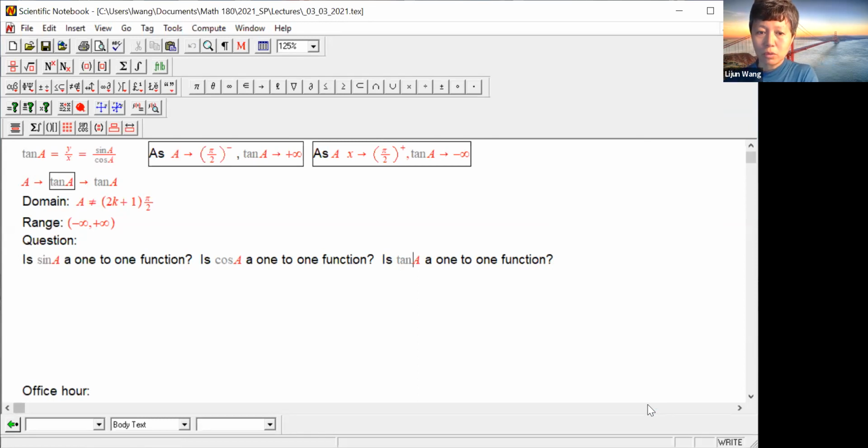Is tangent a one-to-one function? So what's the definition of one-to-one function?